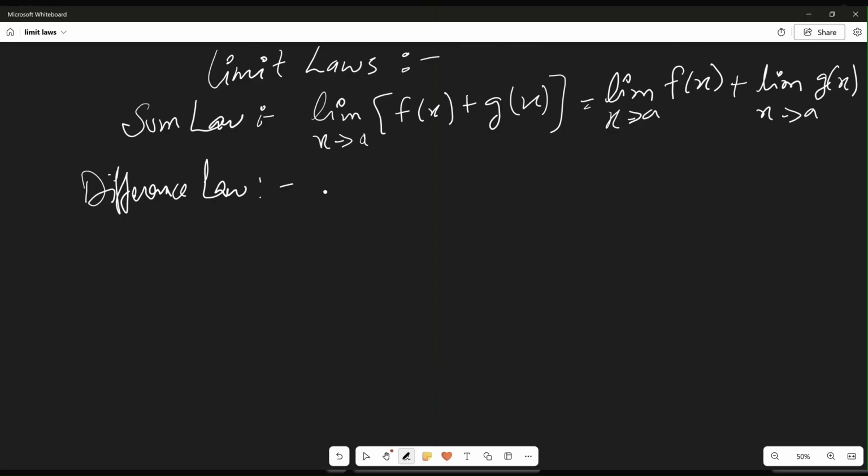Almost the same but with a negative sign. Limit as x approaches a of f(x) minus.